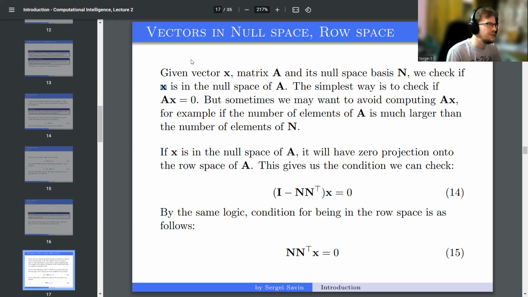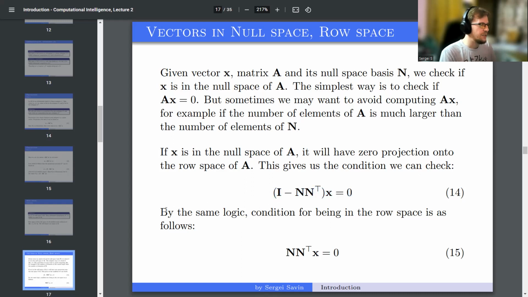That's the point. By checking that it has 0 projection onto the row space, we check that it lies in the null space. And how do we check it? Well, this way. Where did it come from? Remember, to project onto the orthogonal complement, you do I minus N, basis transposed.